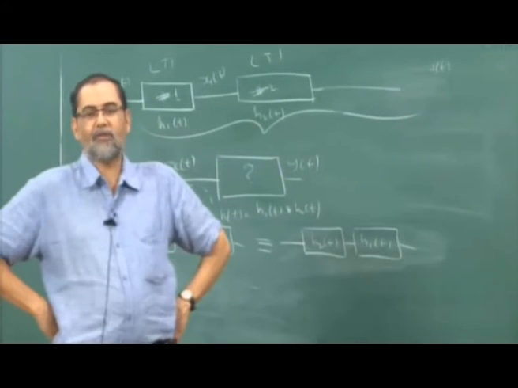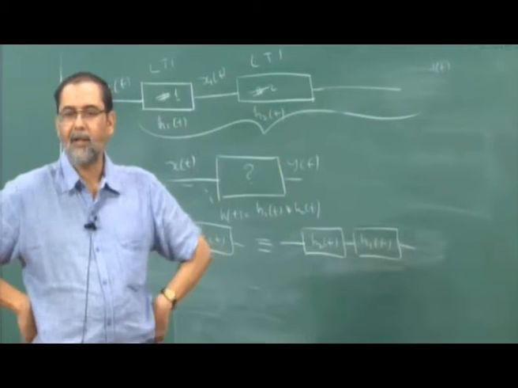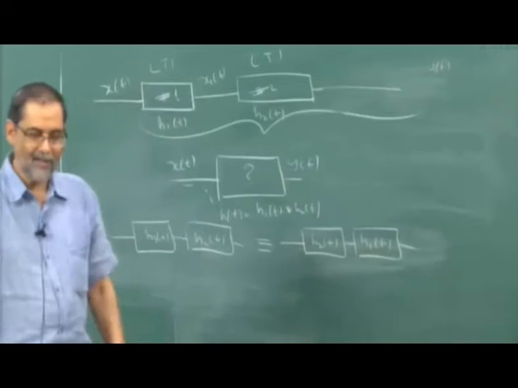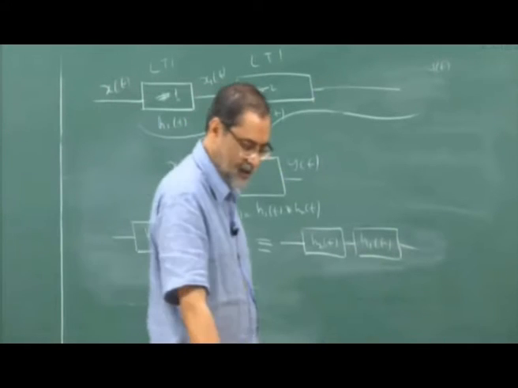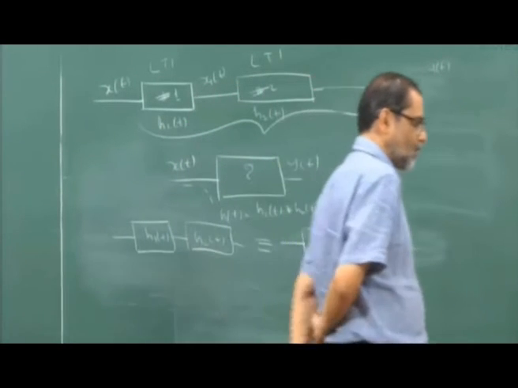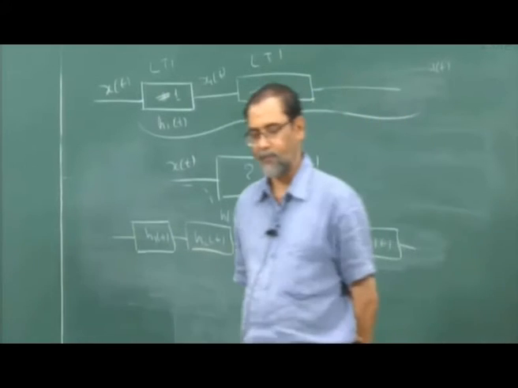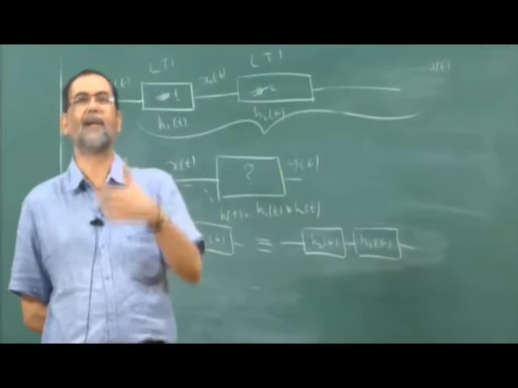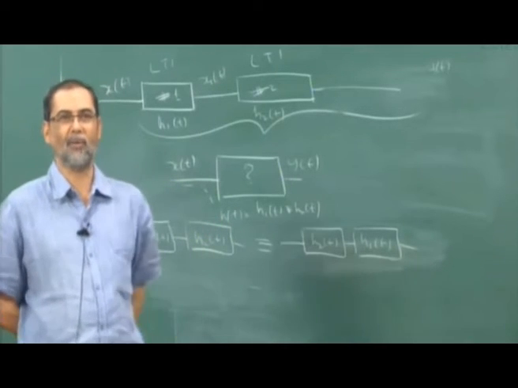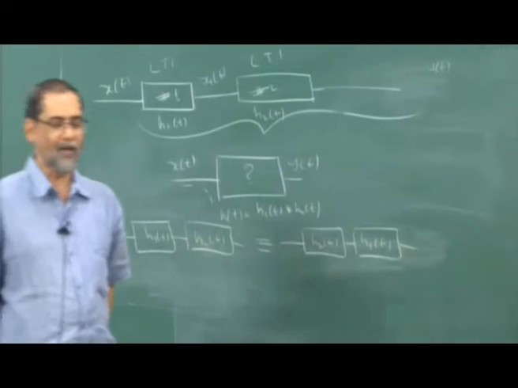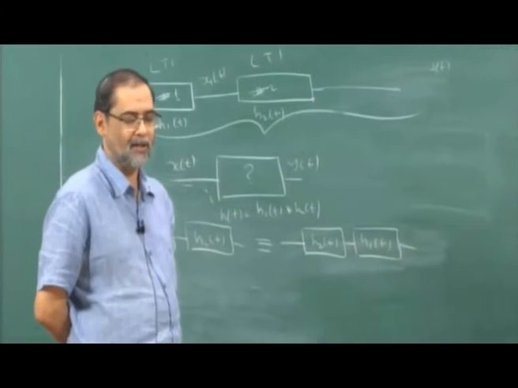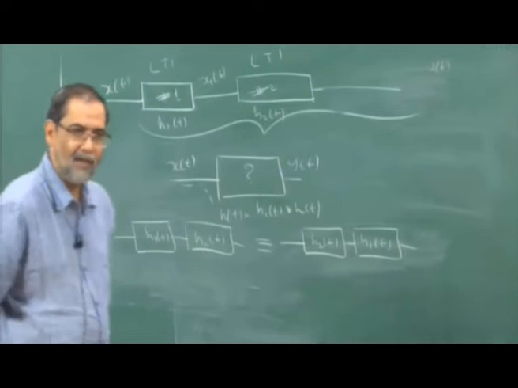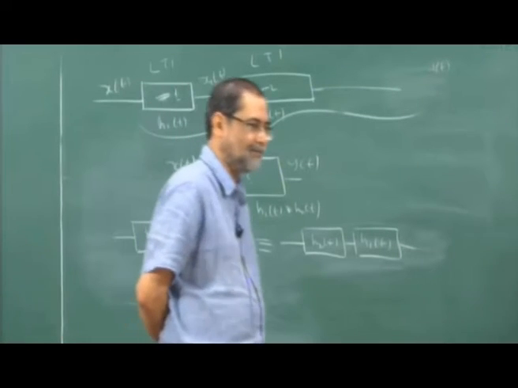If h of t is e to the power of j omega t, you take its absolute value and see if it is absolutely integrable. So convince yourself whether, if h of t is a complex exponential, it is absolutely integrable or not. You can perform this simple operation and then get back to me in case you have any doubt. If it is absolutely integrable, then the system is stable. If it is not, the system is not stable.